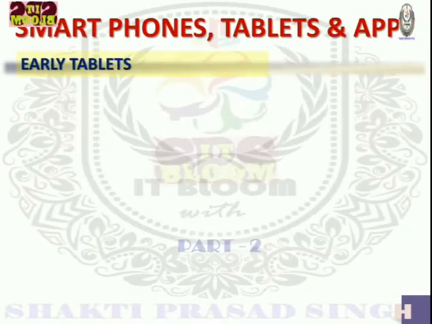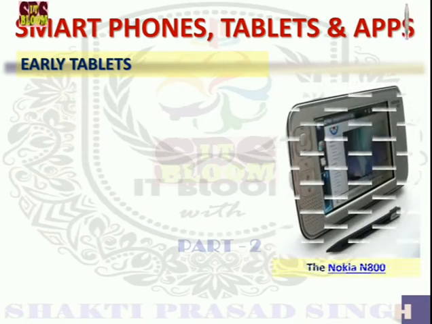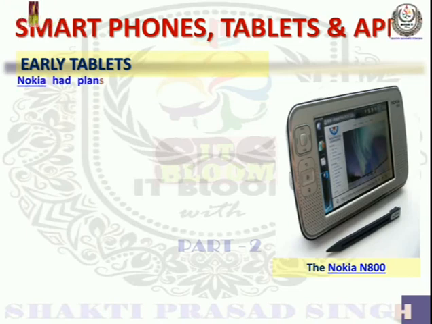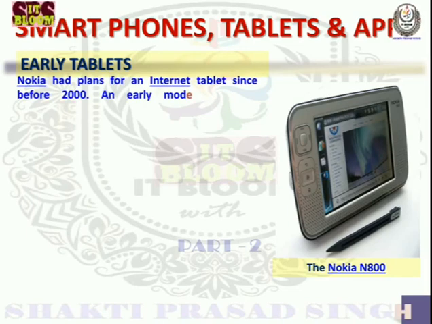The next thing is early tablets. After being introduced in the market, you people have also seen the Nokia N800, having the caliber feature with the stylus or the pen. See the picture which is given here.